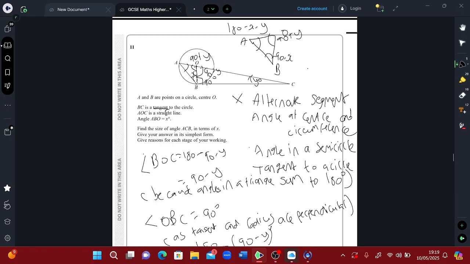Yeah, ABO, BO. That's 90 minus x. And then this angle here, it's on the straight line, right? It's on AOC, told us it's a straight line. So if that angle's 90 minus y, that has to be 90 plus y, because you add them up, then you get 180.